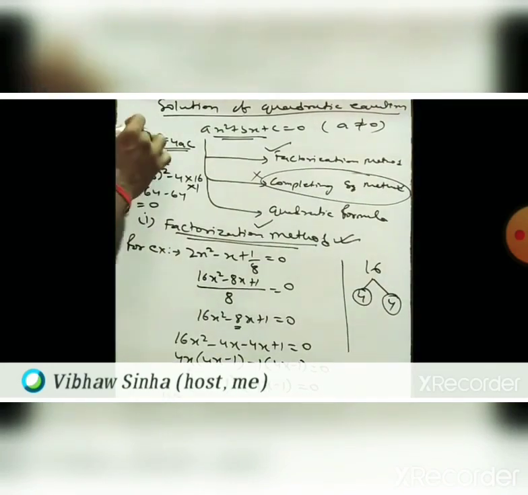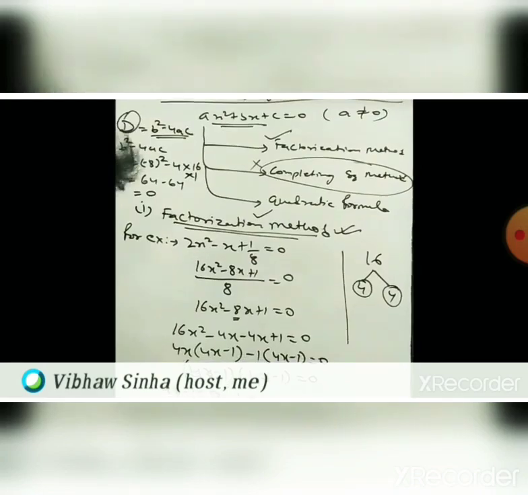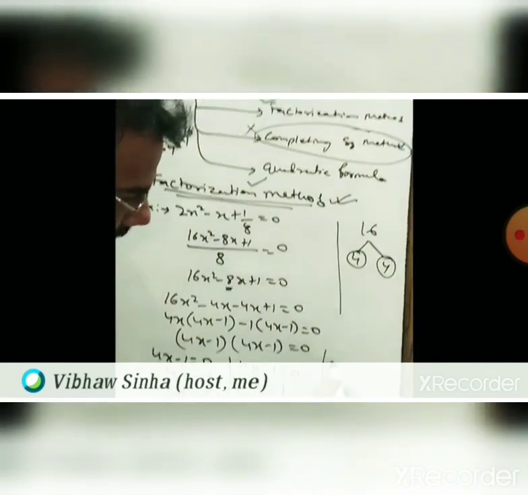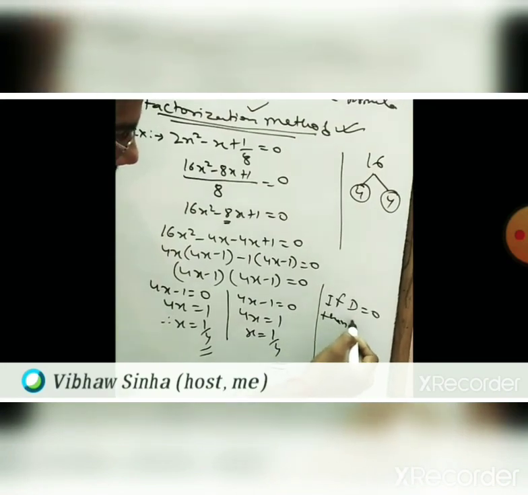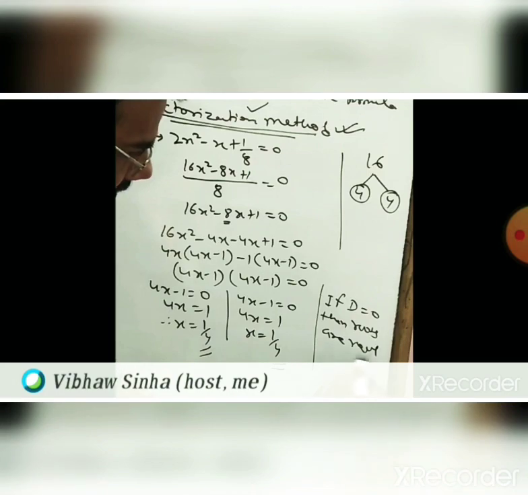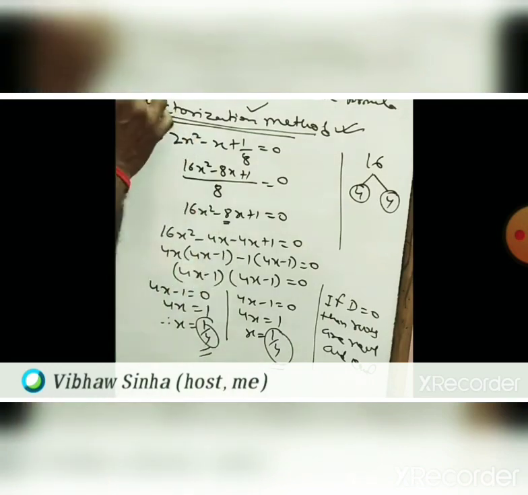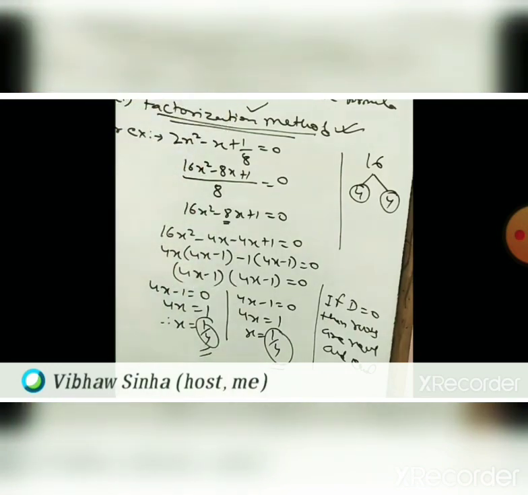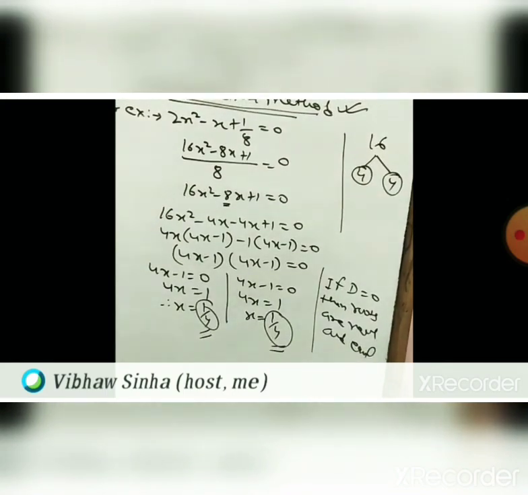And if d is equal to 0, then the roots are real and equal. See, here the roots are equal. Why? Because d is equal to 0. So this is the factorization method. Now note it down.